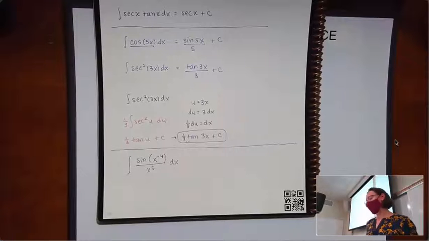There are two pieces in this that are kind of gross. There's the fact that we've got a fraction, so we've got that x to the fifth on the bottom. And then there's that x to the negative fourth inside of the sine. If you're not sure where to start with the u sub, just pick one of them and see what happens.